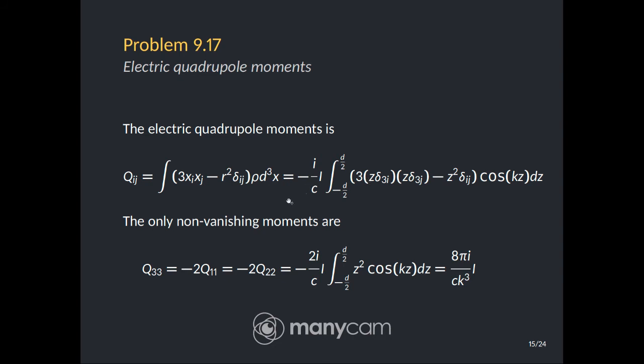So the only non-vanishing moments are Q33, Q11 and Q22, with the relation Q33 equal to minus 2 Q11, equal to minus 2 Q22. After we take the integration, we get that the quadrupole moment is equal to 8 pi i divided by ck cubed times the current.